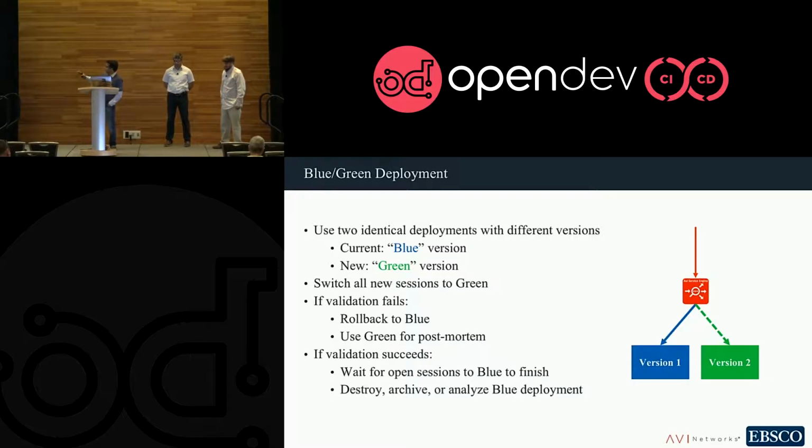In this case, you want a graceful switchover of all your new requests and new sessions coming in, and that's where you need a very good model of your software where you can switch over from one version to another. You also need your deployments to have a load balancer or some way to get your requests nicely migrated from one version to another.